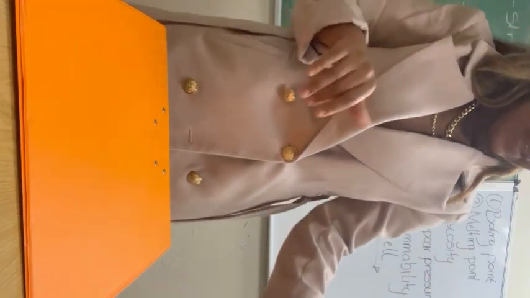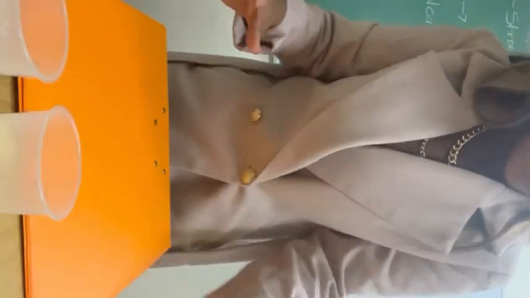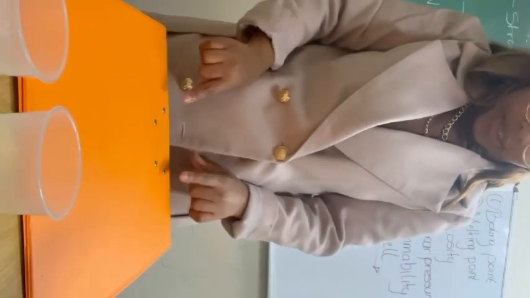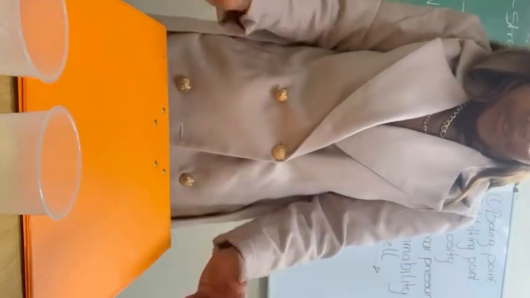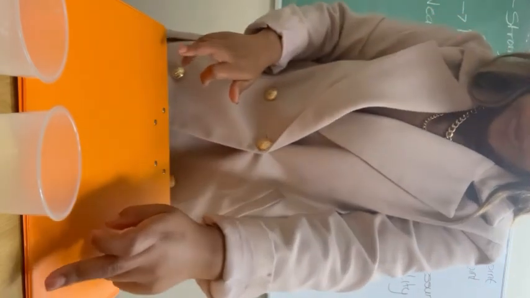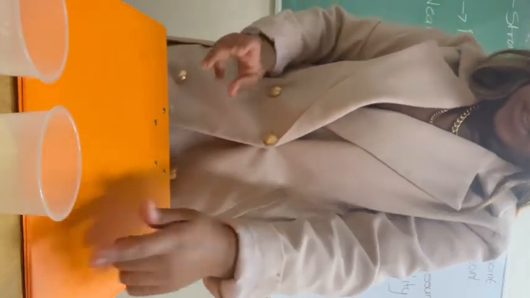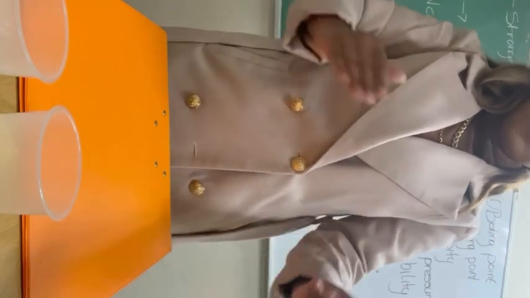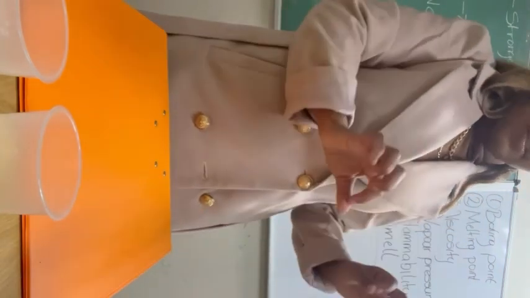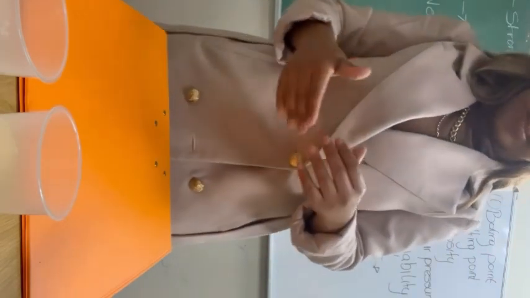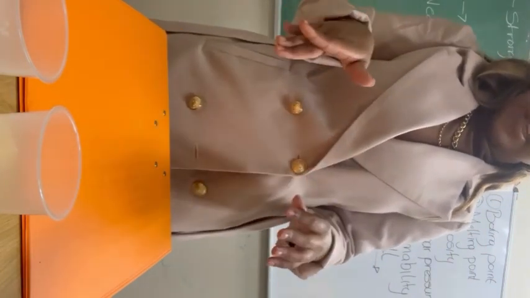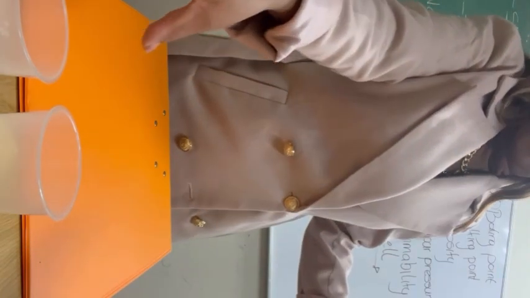And we're going to test the viscosity of water, oil, and honey, right? The one that takes the longest time to travel down the inclined plane has the highest viscosity. Viscosity is basically resistance to flow. So the one that resists flow more is the one that will have the highest viscosity.